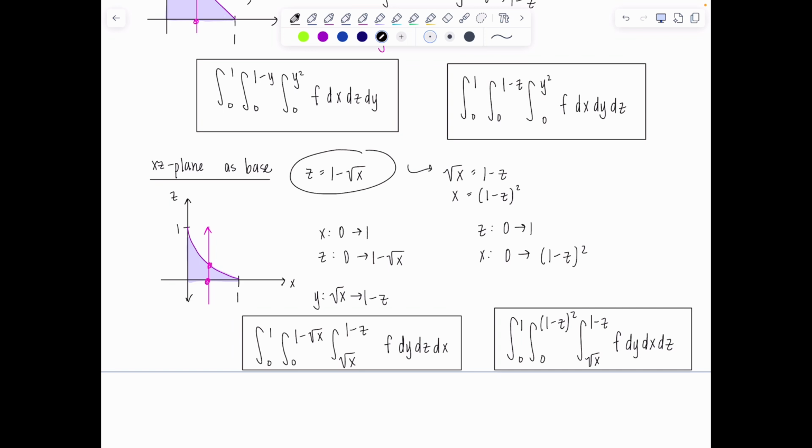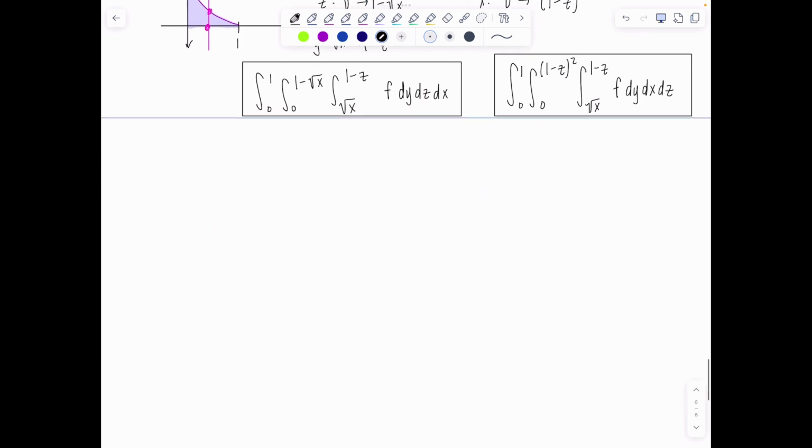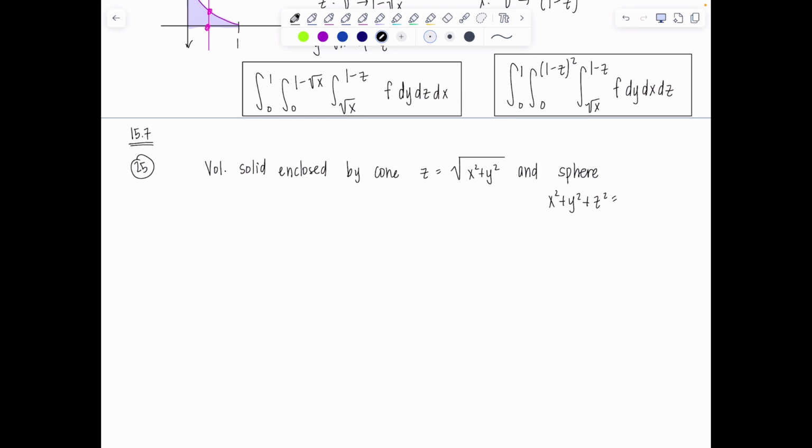Okay. 23 and 25, that's it? 15-7. So 25 says find the volume of the solid that's enclosed by the cone z equals rad x squared plus y squared, and the sphere x squared plus y squared plus z squared equals 2.